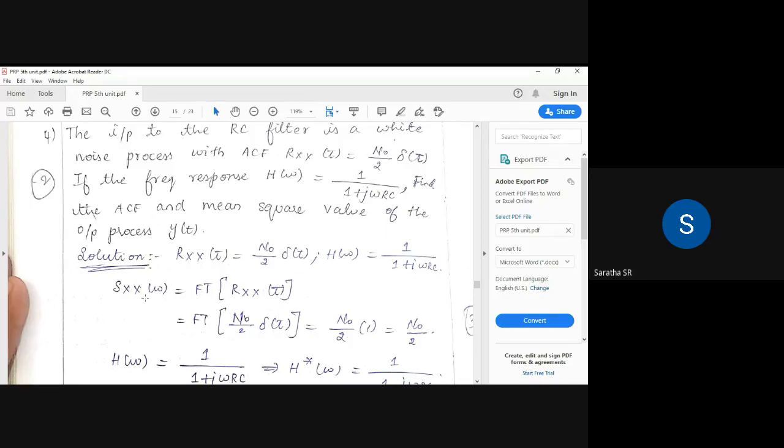Okay. So S_xx of omega: we know that the Fourier transform of R_xx of tau is S_xx of omega. We have N naught by 2 delta of t, where delta of t is the unit function, and that value is 1 only. Please mark this: the Fourier transform of delta of t is 1, and the Fourier transform of e power minus alpha into modulus tau is 2 alpha by alpha square plus omega square. You already studied this in first year itself, that's why we use the result directly.